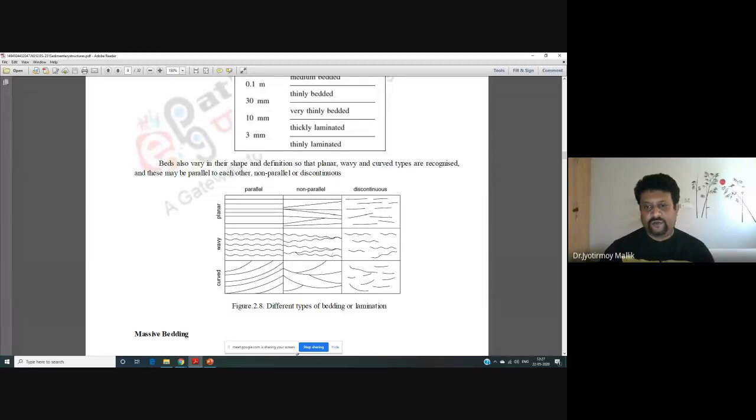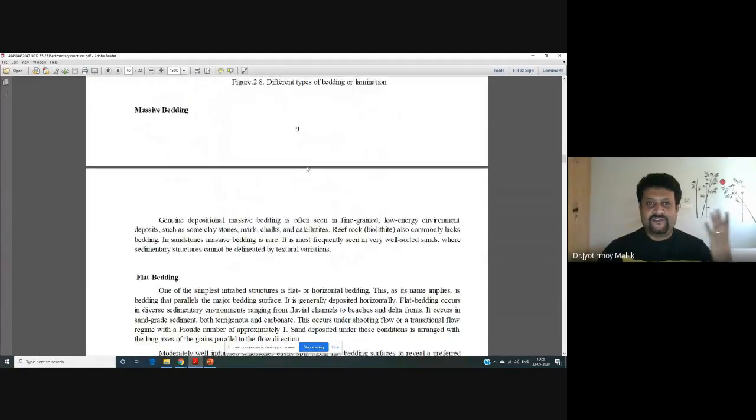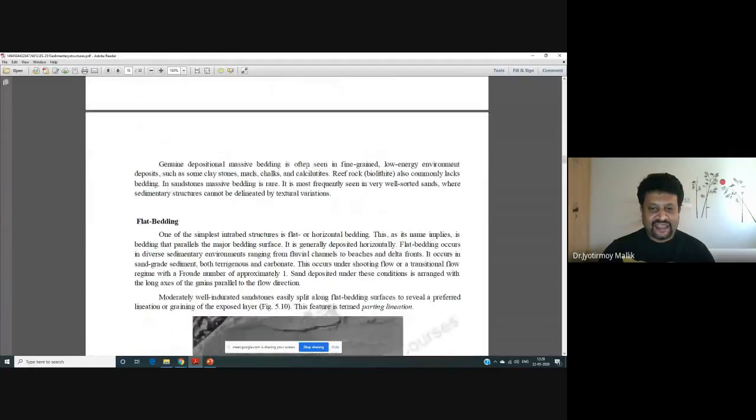And there could be a series of permutations and combinations between them: planar parallel, non-planar parallel, discontinuous, wavy non-parallel, wavy discontinuous, curved parallel, curved non-parallel, curved discontinuous. Sedimentology is so easy. It's very, very intuitive. I like it.